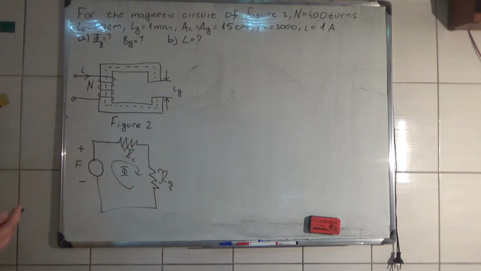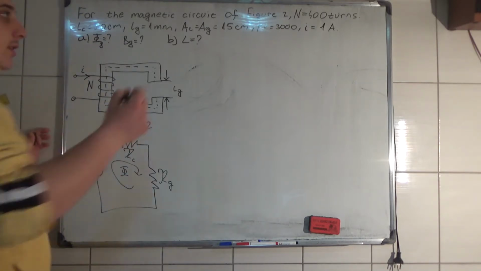You already know that. First of all, we have to calculate these reluctances. We know what is the MMF of this coil, which is equal to N times I, and we are going to calculate the flux.